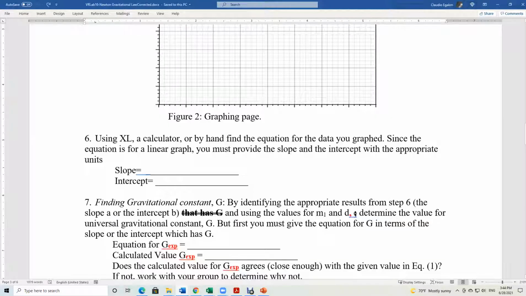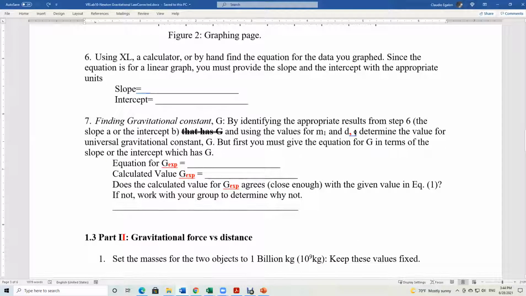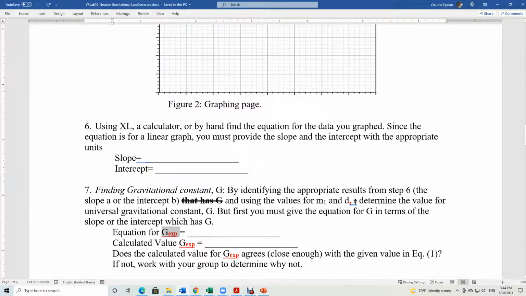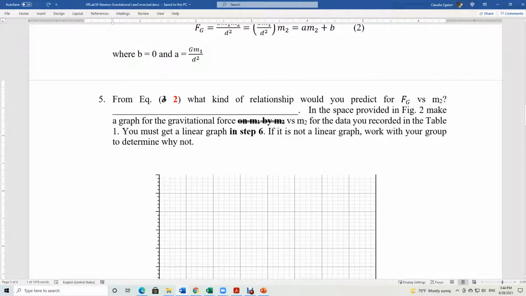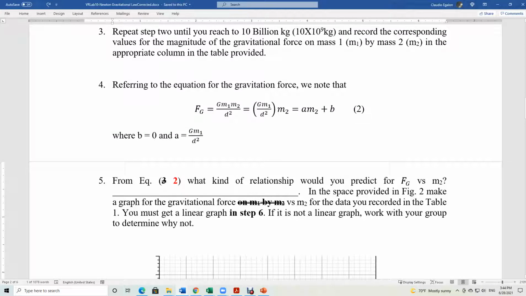Going back to the equations for the G experimental, okay? So let me walk you through how you find the G experimental. You find the G experimental from this equation right in here. This A is the slope.